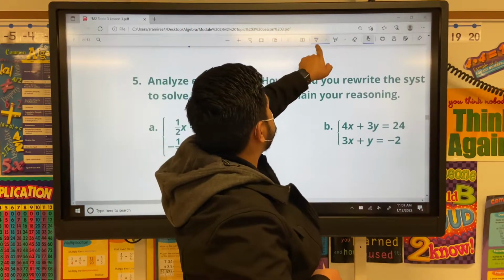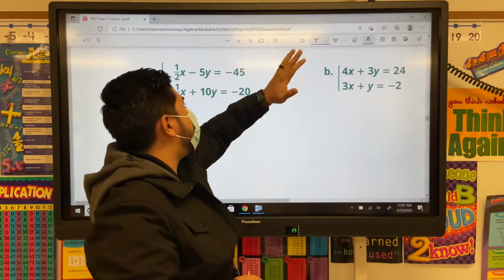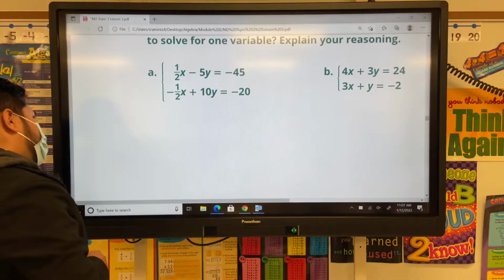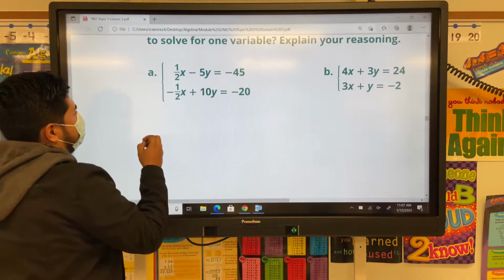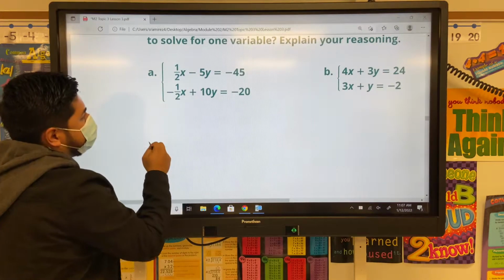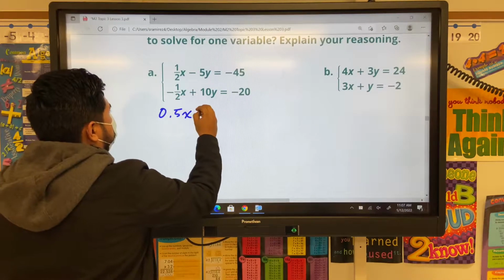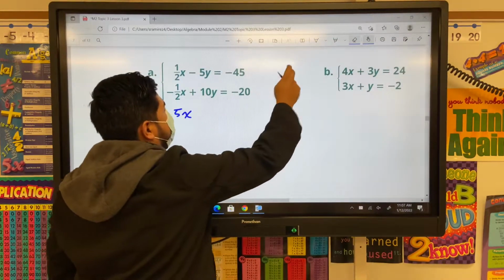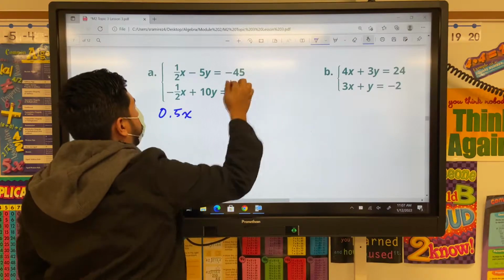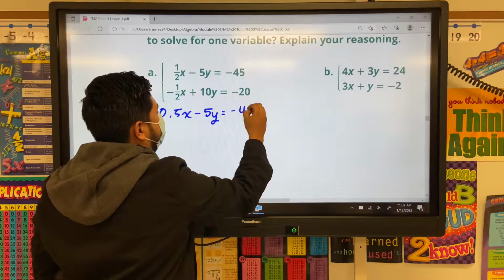First things first, let me fix this. Again, I don't like fractions. If you can, take down the fractions, make them decimals. I'm going to do that real quick. We should already know the top one is 0.5x, oh, already messed up, minus 5y equals -45.